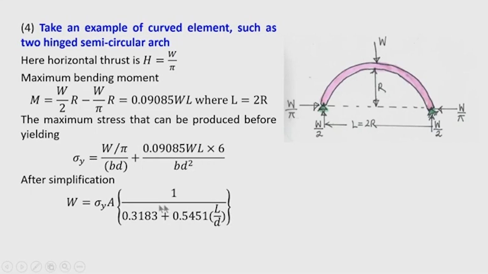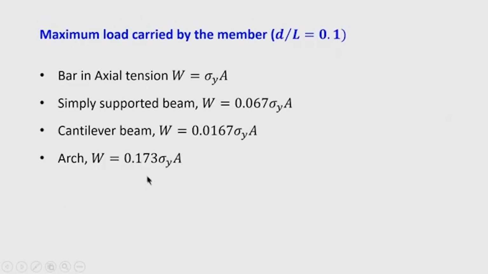If I substitute this and calculate this factor, then for the arch W is 0.173 sigma y into A. Now, comparing all these load values, we can see that material is utilized to the maximum extent, with the same cross section of the member and the same length, when the material is in the extensional mode, or under uniaxial tension.